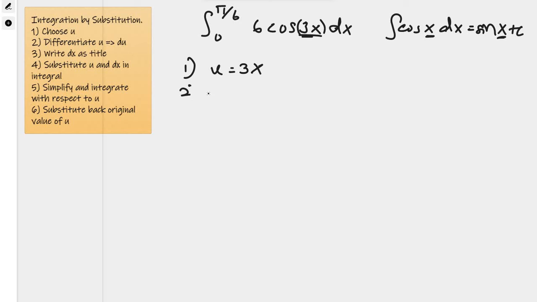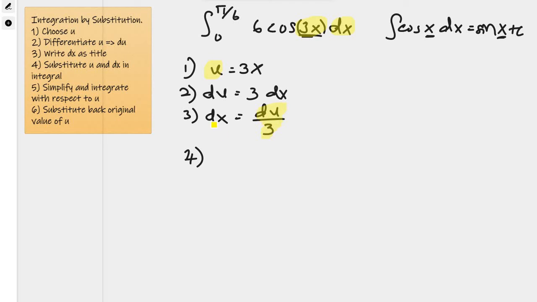Second step, differentiate u, so you will get 3 dx. In step number 3, we write dx as the subject, so bring 3 to the other side, so you get du over 3.